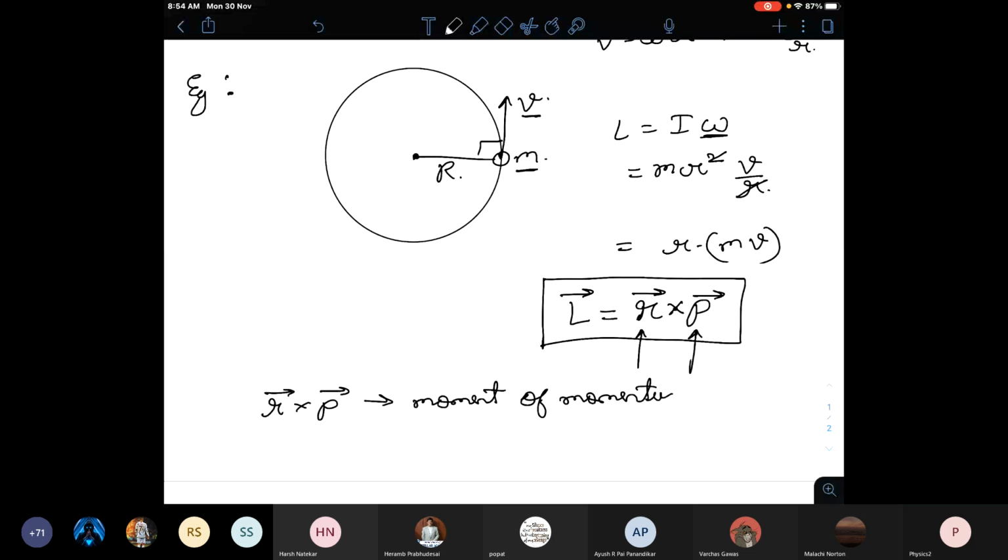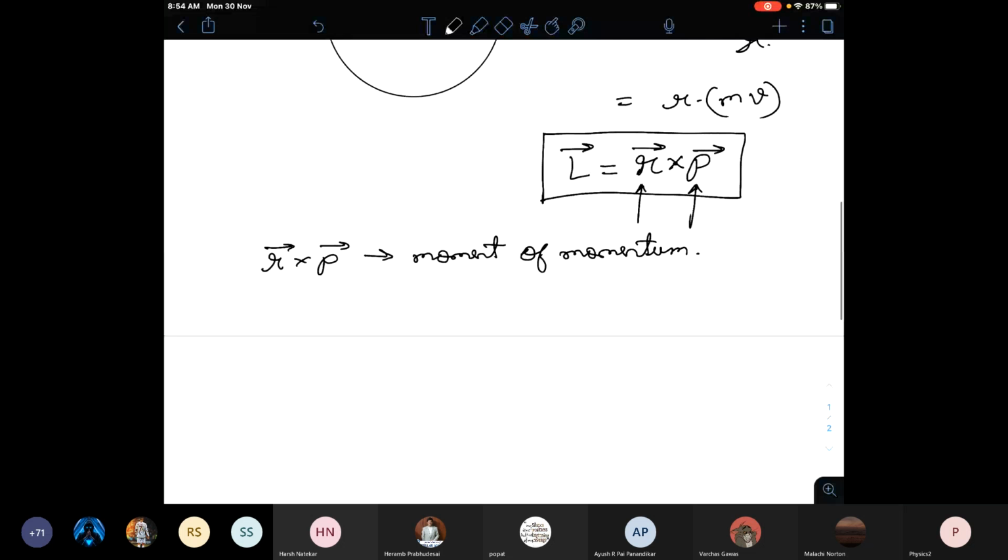Suppose I would have multiplied it as r cross m. M is not a vector quantity, so cross does not have a meaning over there. But still, just for comparison, if I write r cross m, it will be represented as moment of mass.